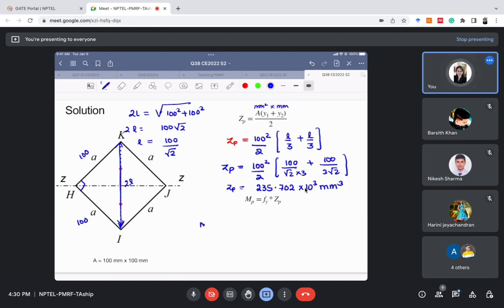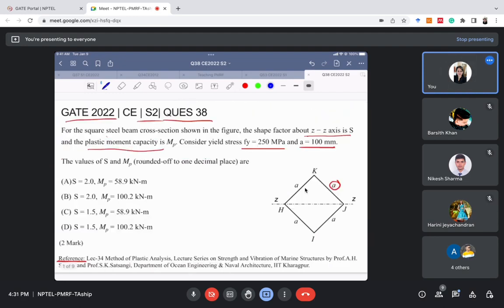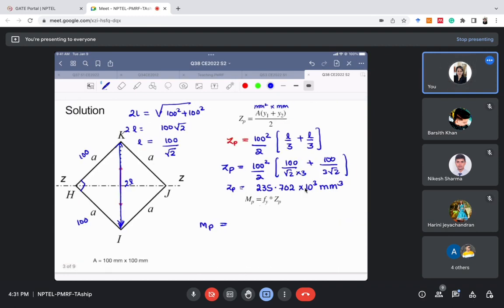Now MP will be Fy into Zp. The value of Fy is given to us as 250, multiplied by Zp, which is 235.702 into 10 to the power 3.